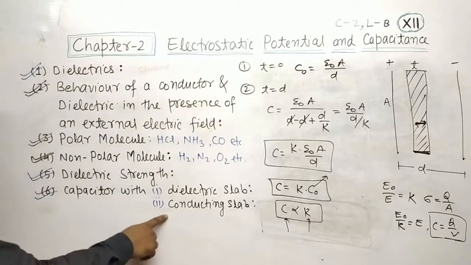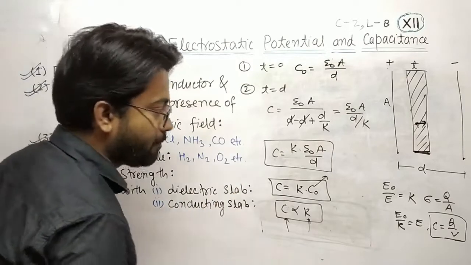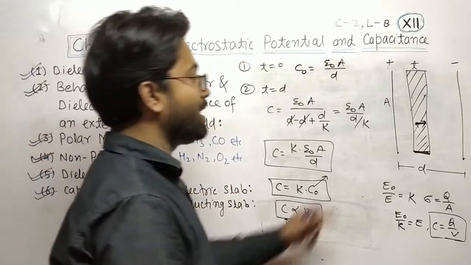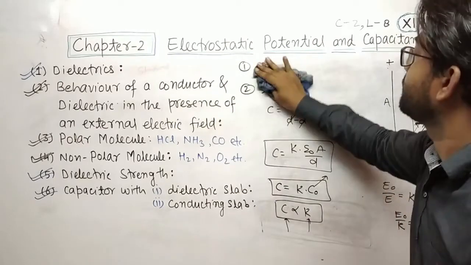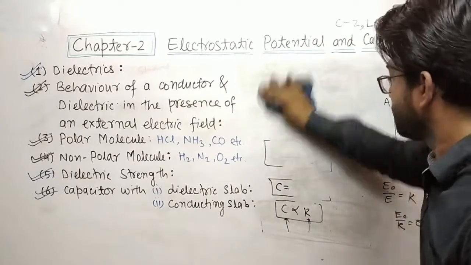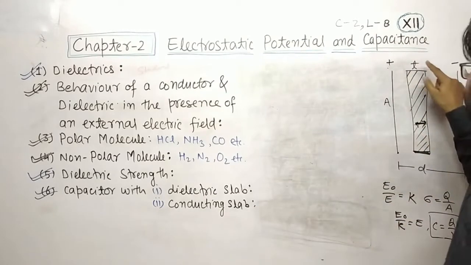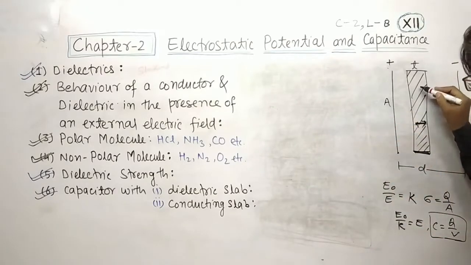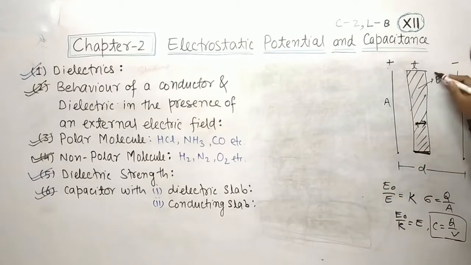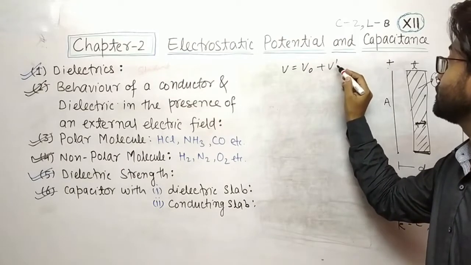Next and last point is the capacitor with a conducting slab. When we place a conducting slab in place of the dielectric, what will happen? If this is a conducting plate, the electric field inside the conducting plate is 0. We can write V equals V naught plus V dash.